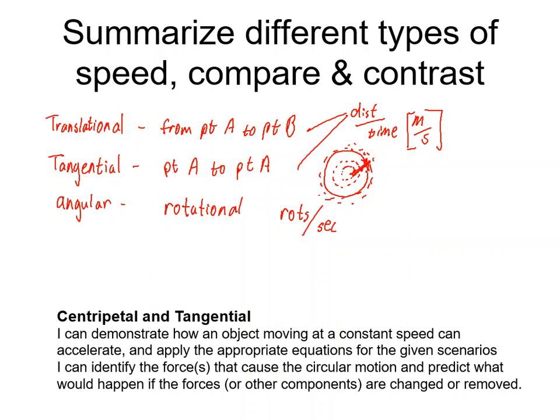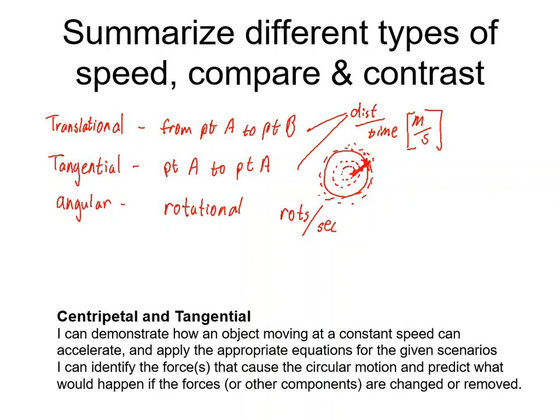Okay. Other things you can put in there, go ahead and do a little compare and contrast. You could also talk about period and frequency, just making sure we understand that. And maybe doing some examples like, are we talking about increasing the rotational speed? Are we talking about changing the tangential speed? How do we do that? How are they related? And so on.